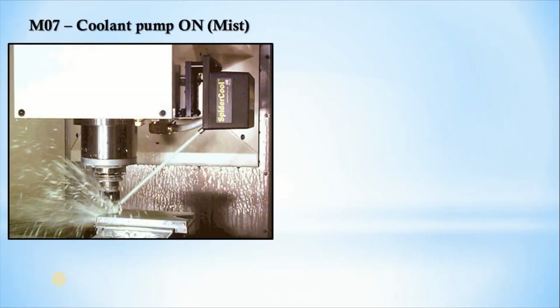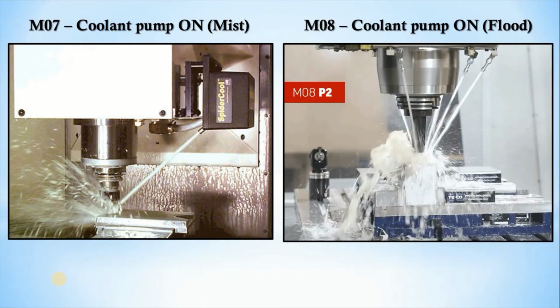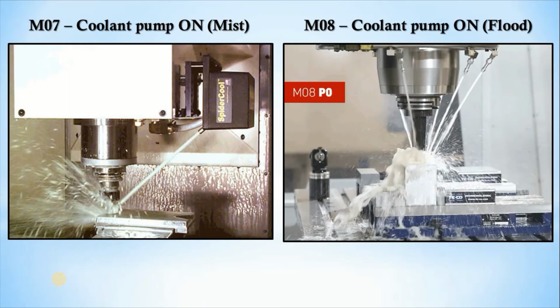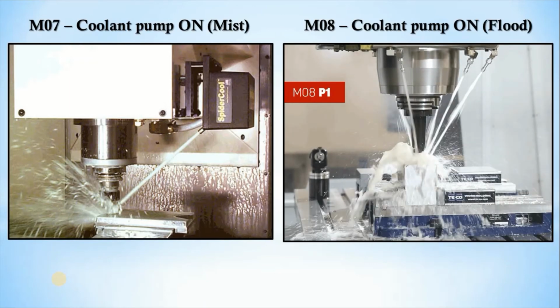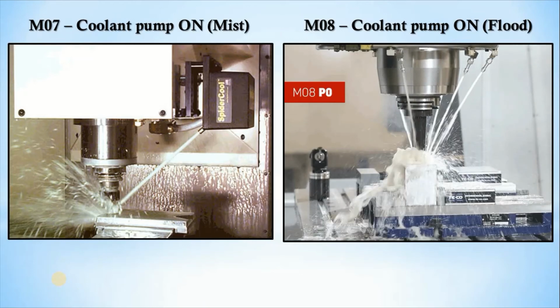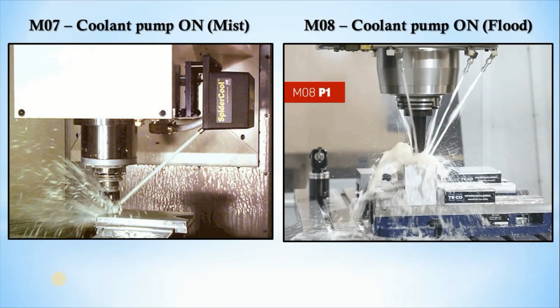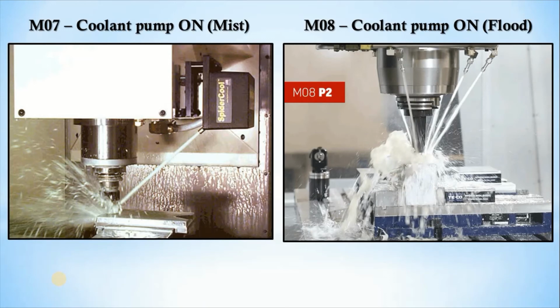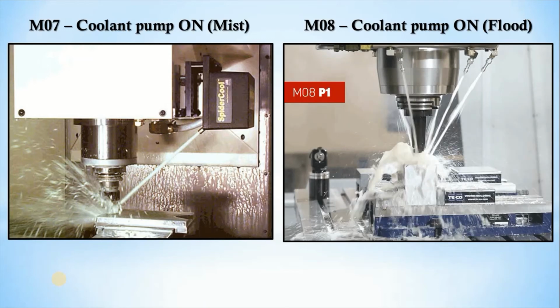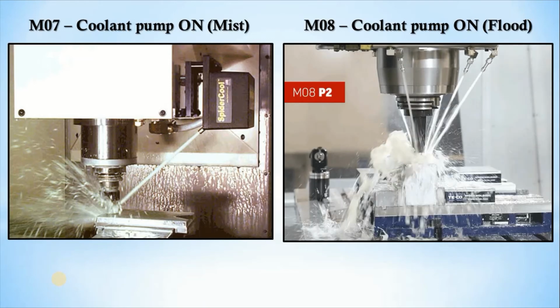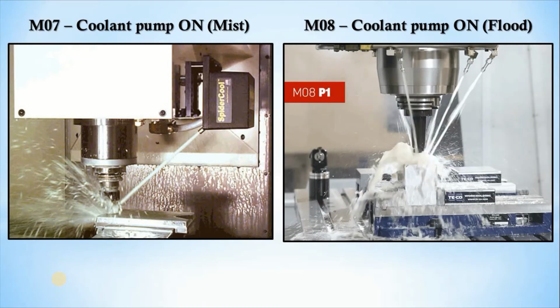Then M07 for coolant pump on in a mist position, and M08 is for coolant pump on in a flood. In flood, maximum coolant will be there. So whenever we are doing the operation by using CNC, there is a possibility that we are using maximum spindle speed and also cutting speed.